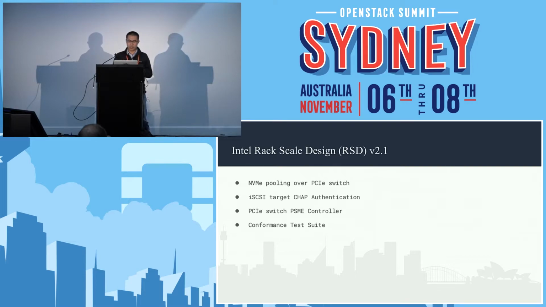Also, we can handle the PCIe switch when you're talking to the PMC controller. Last but not least, we passed the performance test suite of the Intel RSD 2.1 version testing. So it's compatible with many RSD hardware provided by different vendors.